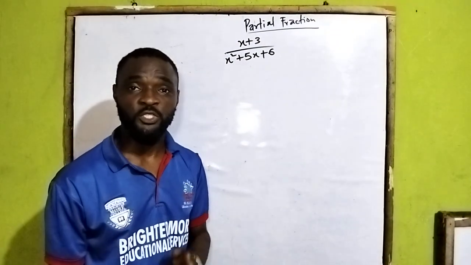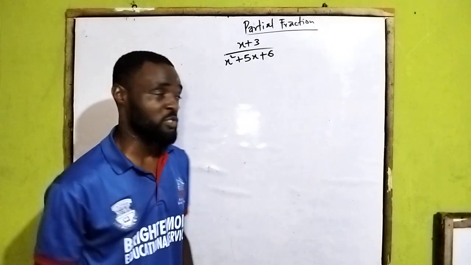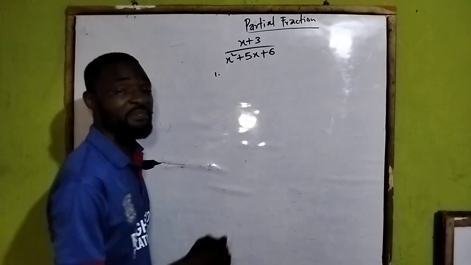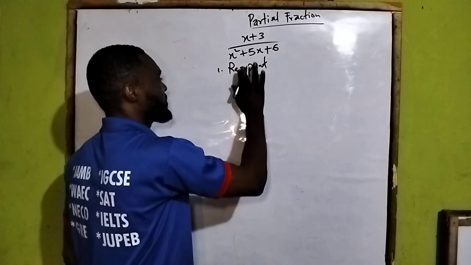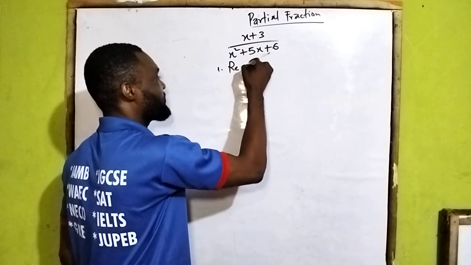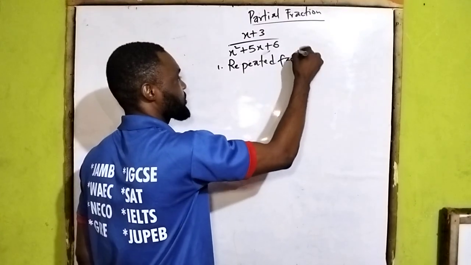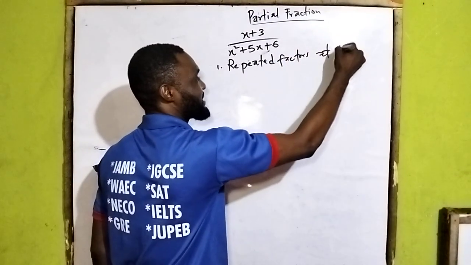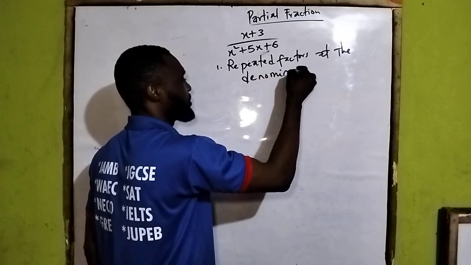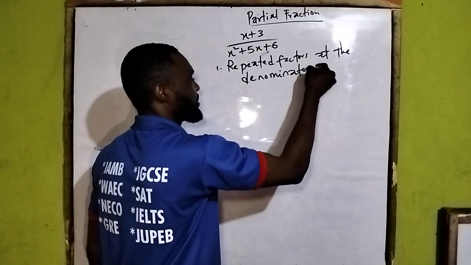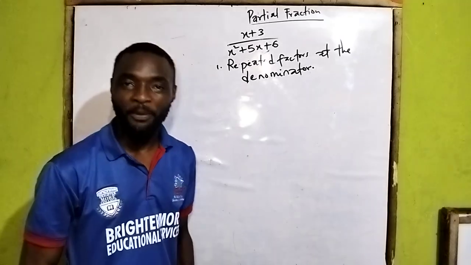Now, in partial fraction, we have 5 different types. One, we have repeated factors at the denominator.